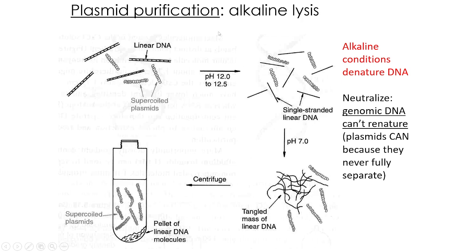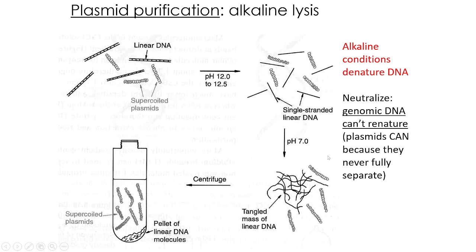Then you have the plasmid purification via alkaline lysis. You treat the DNA with alkaline conditions to denature it, and then you neutralize it. Genomic DNA cannot renature that fast, but plasmids can, because their strands are never fully separated.